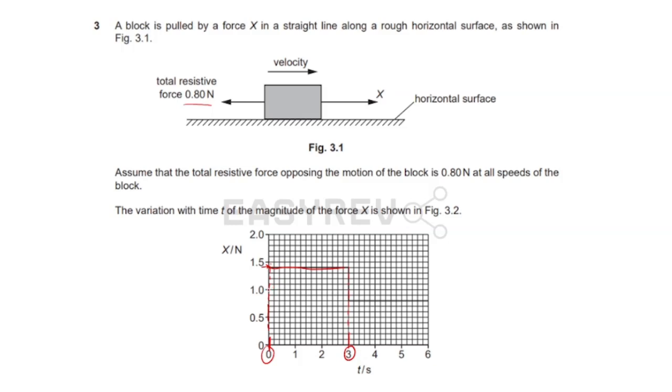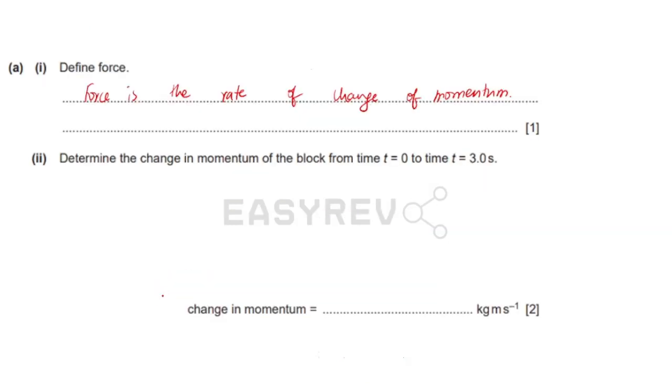So you have 1 here, 1.1, 1.2, 1.3, and this ends up being 1.4 newtons. So the force X that we're given from t equals 0 to t equals 3 seconds happens to be 1.4 newtons, right? And the time duration is from 0 to 3 seconds, which is just a 3-second interval, right?